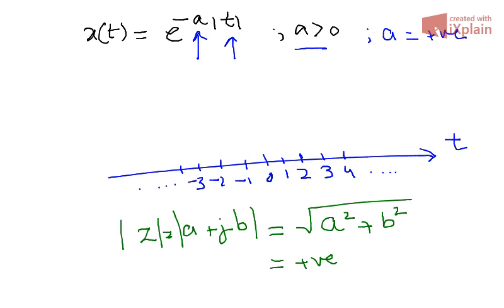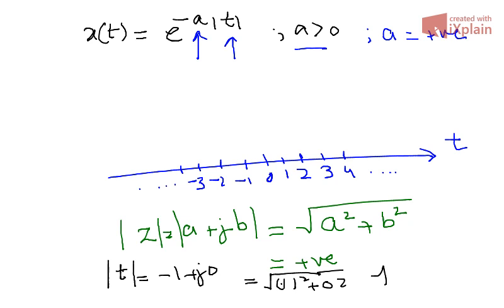So you can find the absolute value of t. Suppose t is equal to minus 1, and I am interested in finding its absolute value, the mod. You can say minus 1 plus j0, and I can always write it as the square root of minus 1 squared plus 0 squared, and that is equal to plus 1.